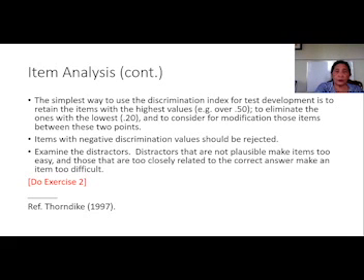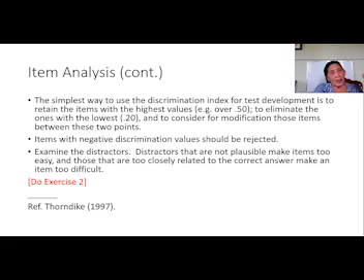The simplest way to use discrimination index for test development is to retain the items with the highest value. So what are the highest values? Any value equal to or over 0.50. That's what it means. If there is a discrimination power of 0.50 or more, then retain that. What about the rest? Eliminate the ones with the lowest, 0.20.